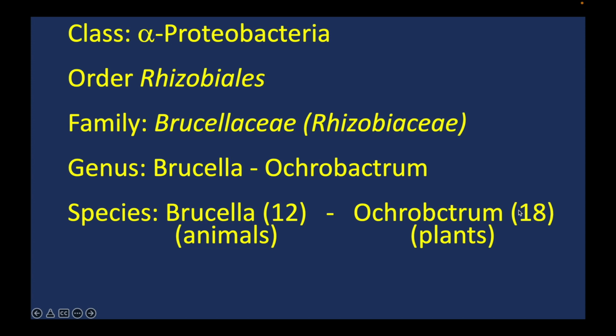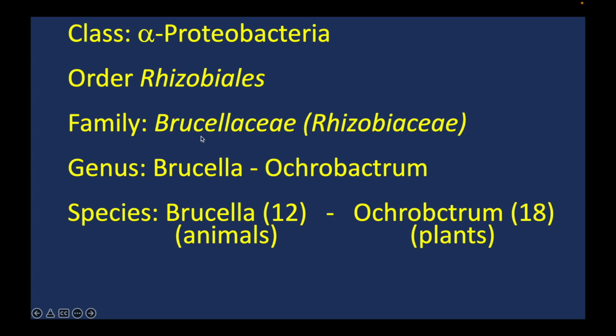There are more species, 18 of Ochrobactrum, that have been described, but in reality, there are many, many more species that have yet to be described. The big difference: Brucella are associated with animal infections, Ochrobactrum are associated with infection of plants.